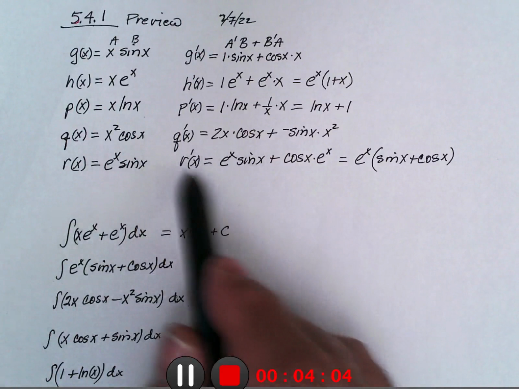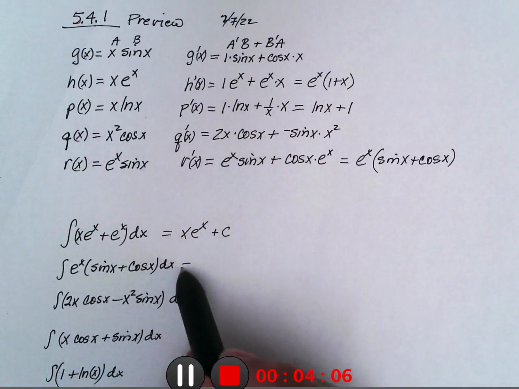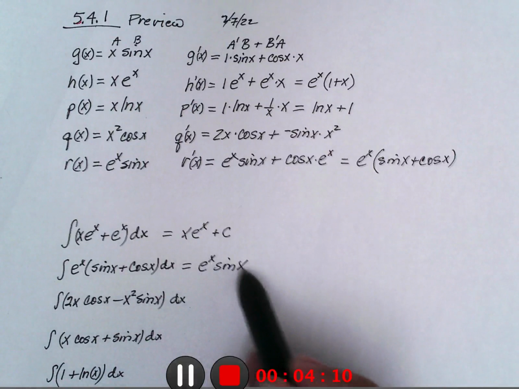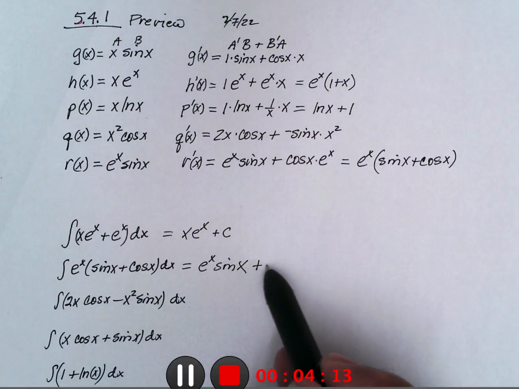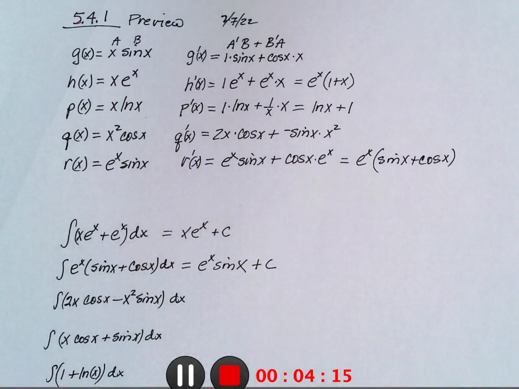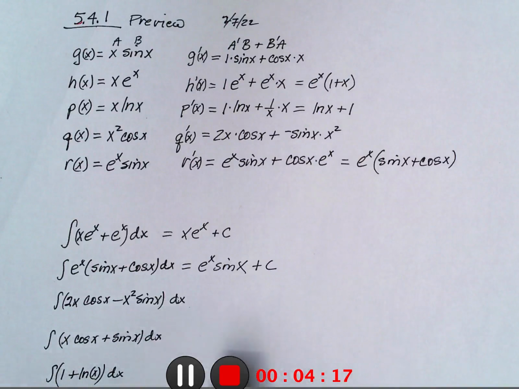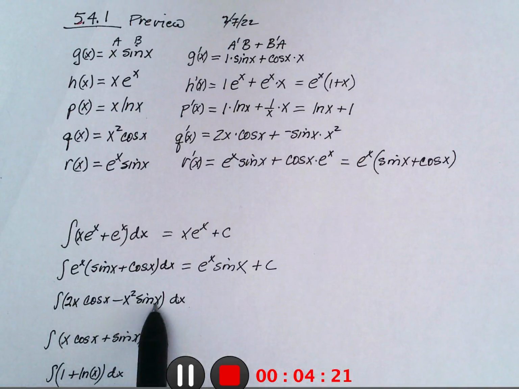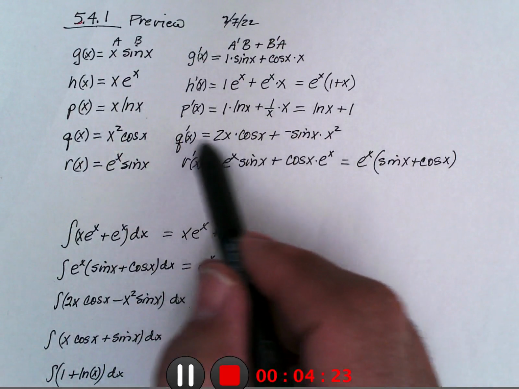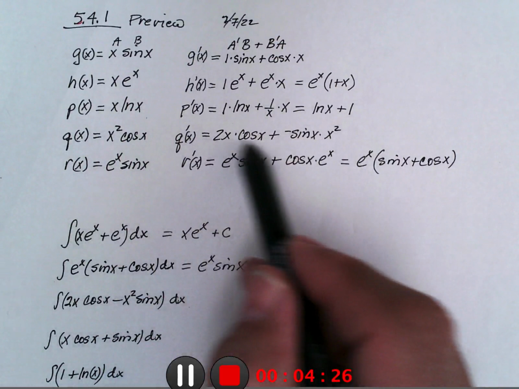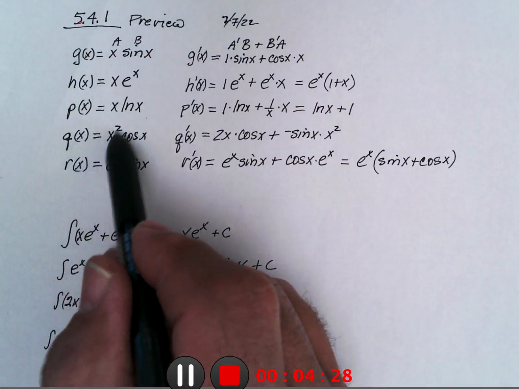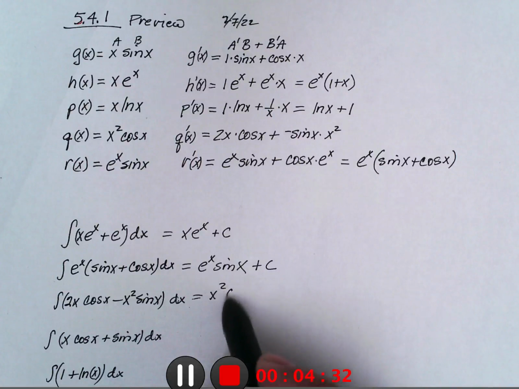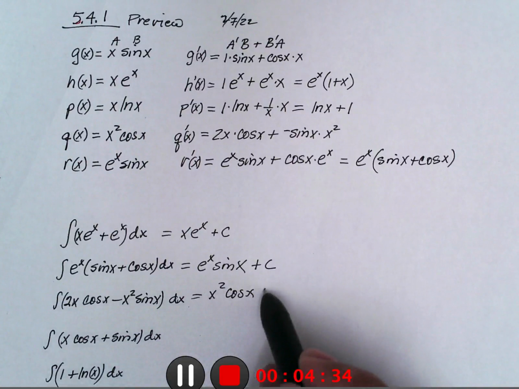So the antiderivative is e to the x sine x plus c. Okay, what about 2x cosine x plus minus x squared sine x? Well, that looks like what q prime of x was, so the antiderivative must be x squared cosine x plus c.